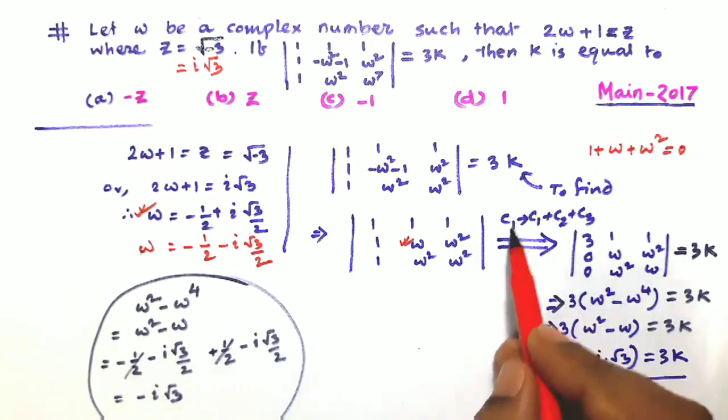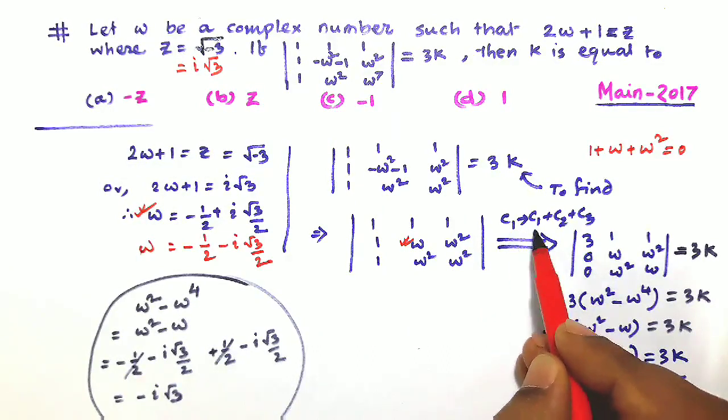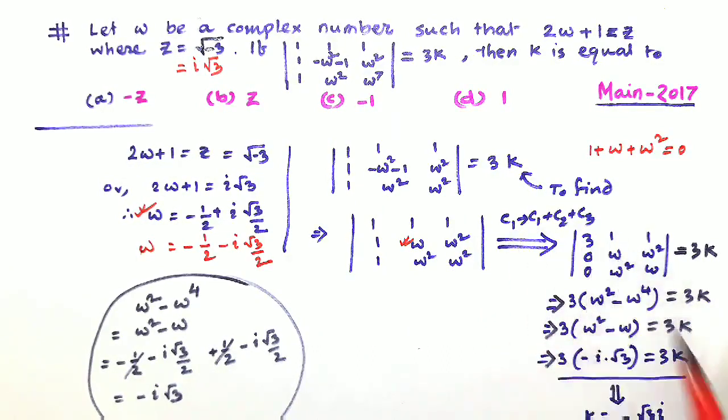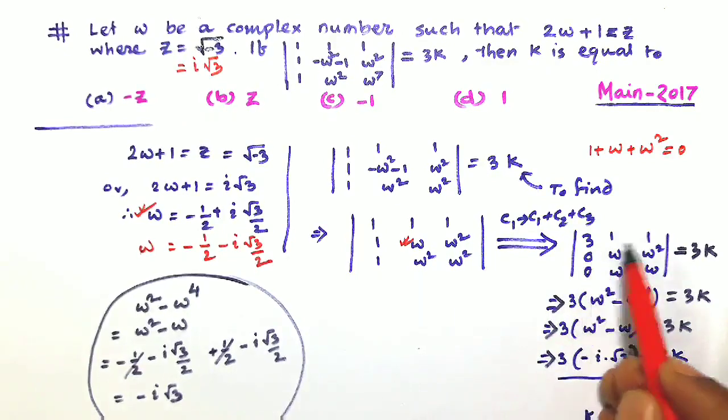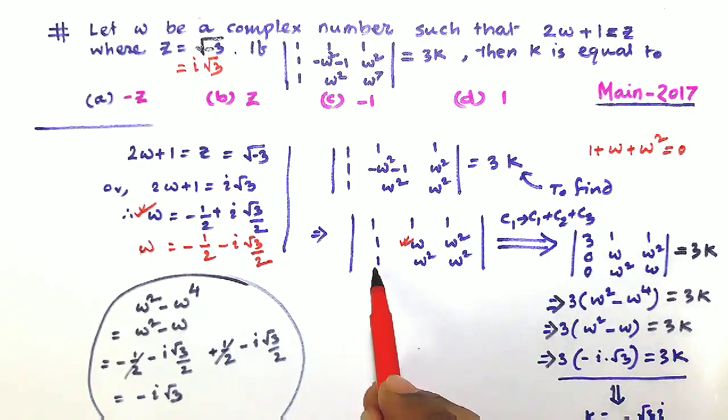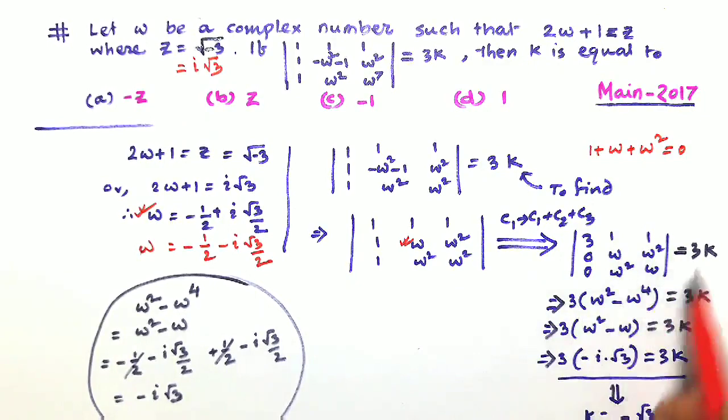Now transforming column 1 to column 1 plus column 2 plus column 3, so we'll get 3, 1, 1 and this 2 will be 0. So ultimately this is equal to thrice k, and by expanding we are getting 3 times of this one is equal to 3k, and this is 3 into omega square minus omega is equal to 3k.